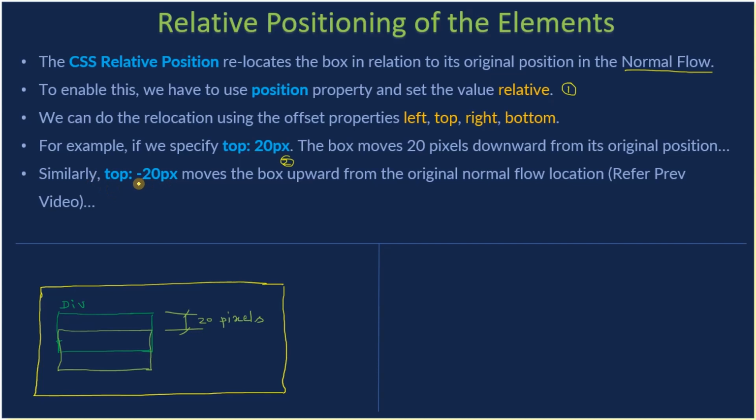Similarly, top minus 20 px moves the box upward from the original normal flow location. So for normal flow, you can refer to our previous video.